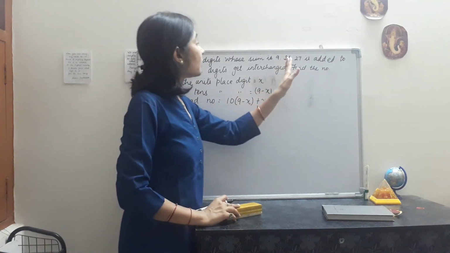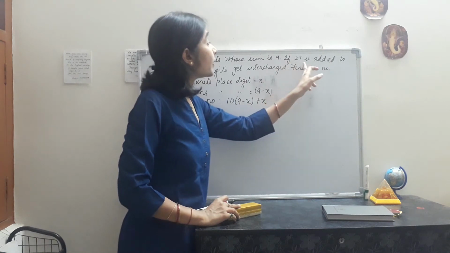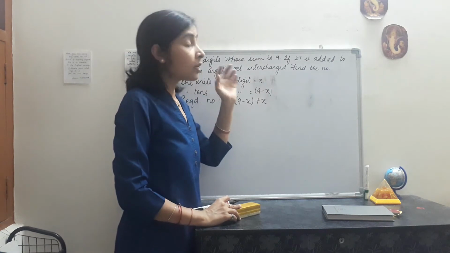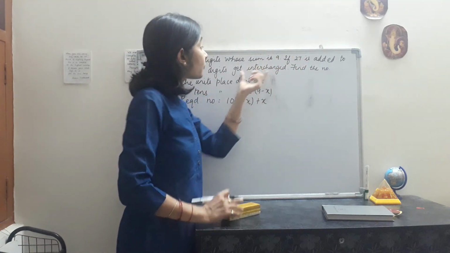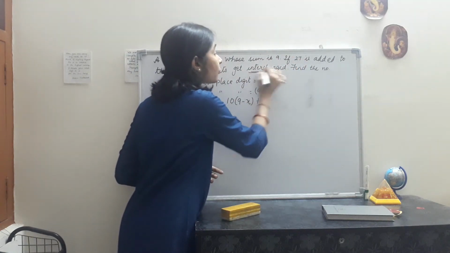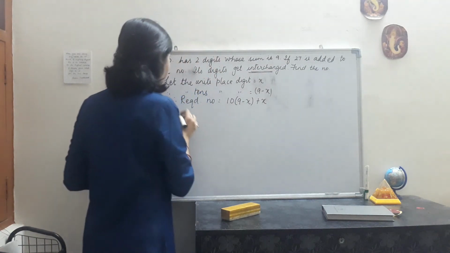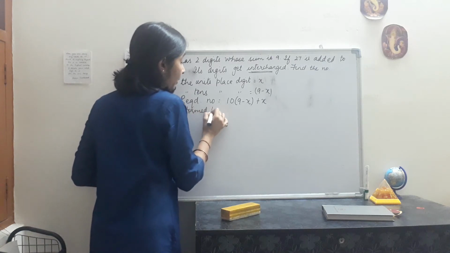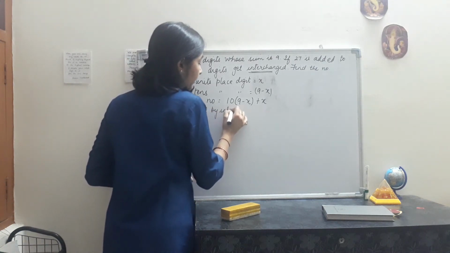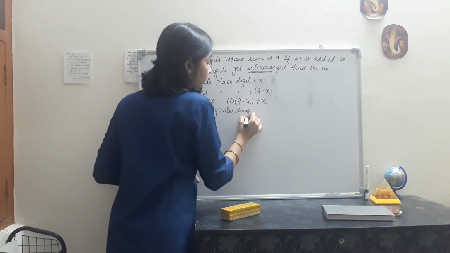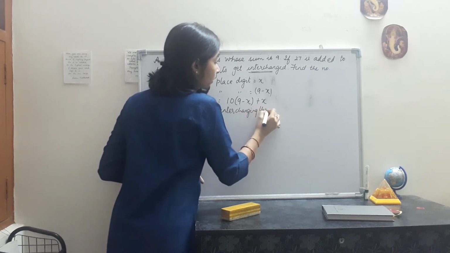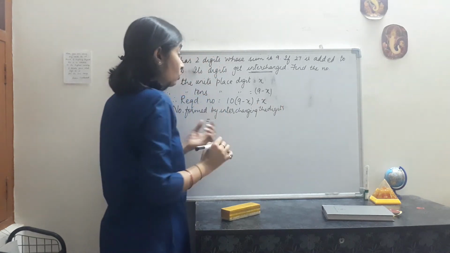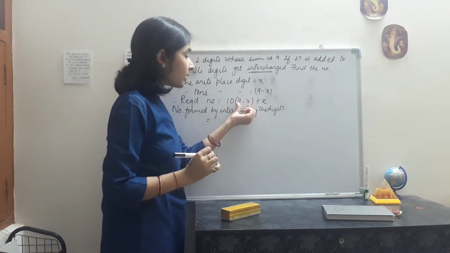Now let's read the question further. If 27 is added to the number, its digits get interchanged. First of all we will find out how the number is formed when the digits are interchanged. So what will be the number formed by interchanging the digits? Previously we multiplied 9 minus x by 10.